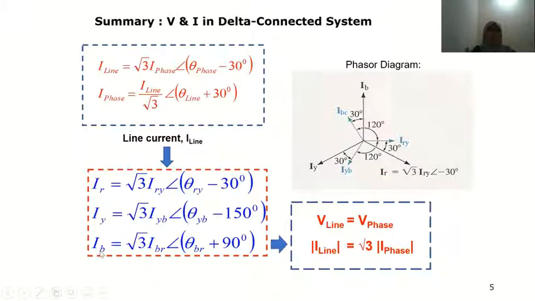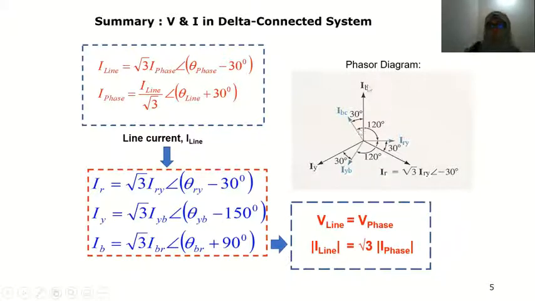And your IB line current is equivalent to square root 3 IBR with theta BR plus 90 degree. In terms of magnitude, the magnitude of V line is equivalent to the magnitude of V phase.